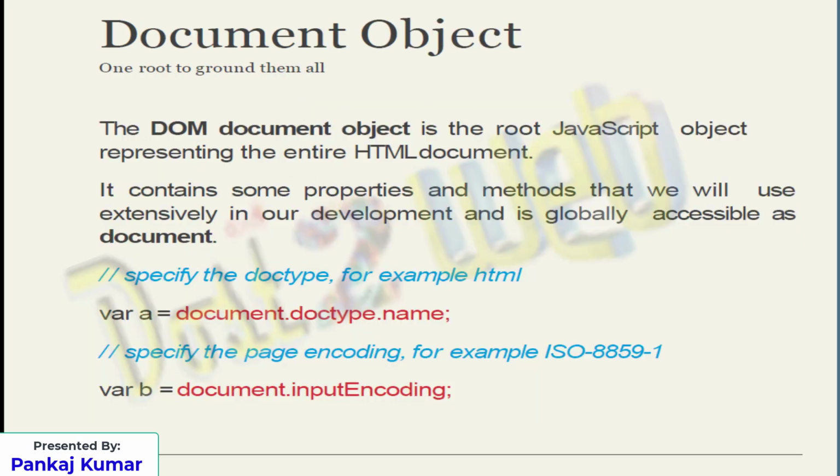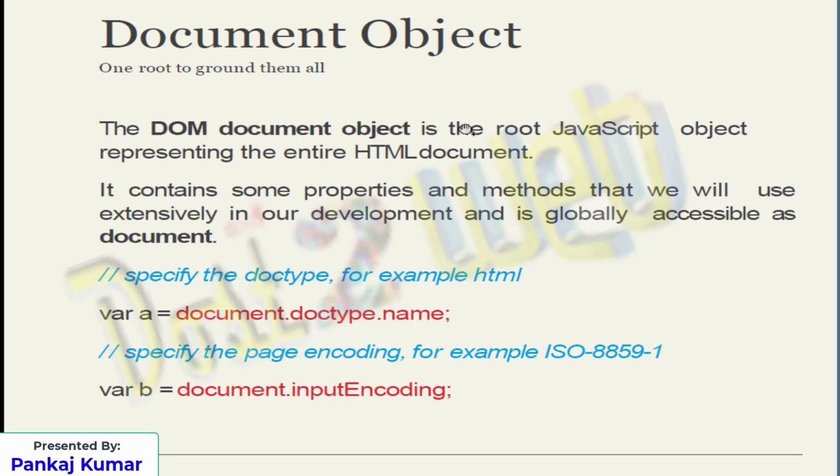Now we have the document object. The document object is the root JavaScript object that represents your entire HTML document. That means we have now learned about the document nodes, and now the document DOM object.